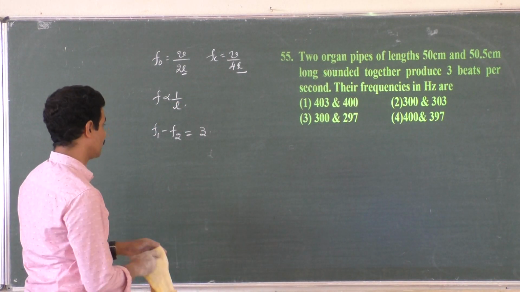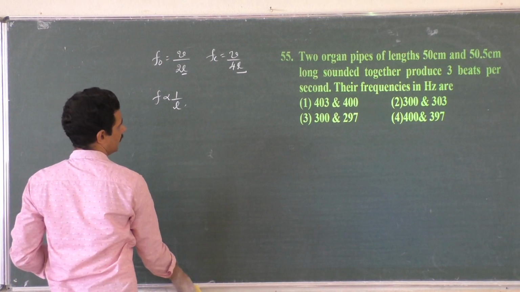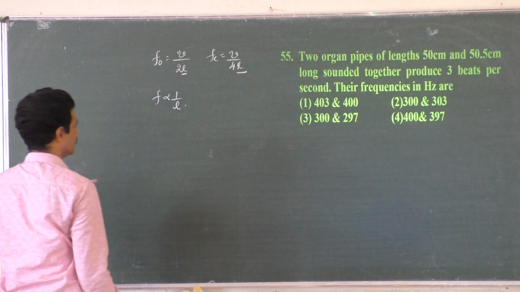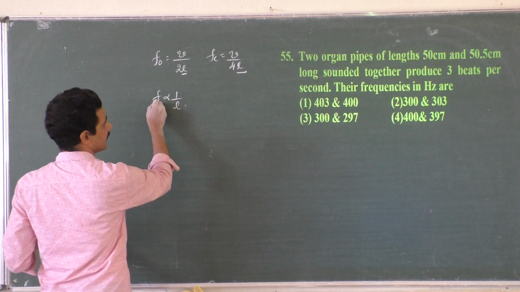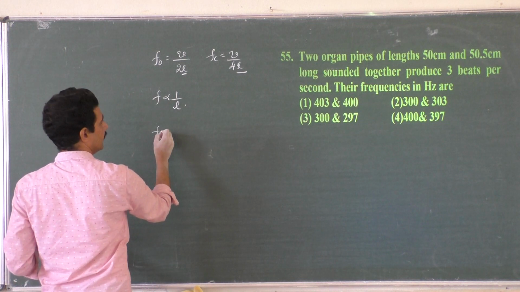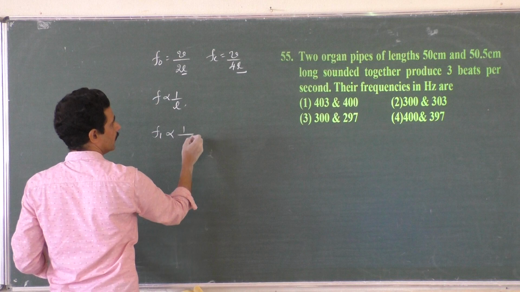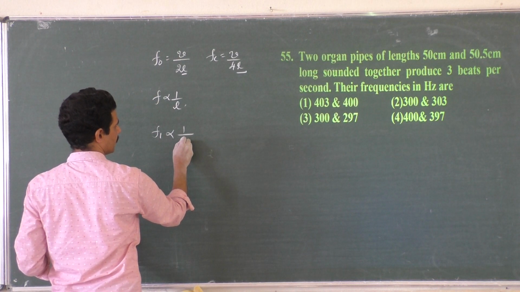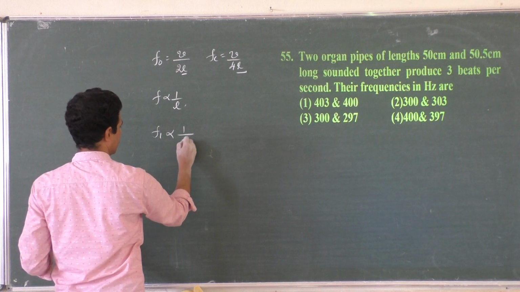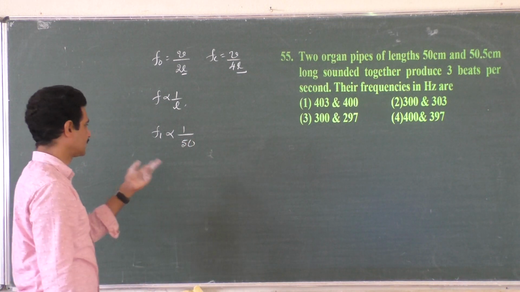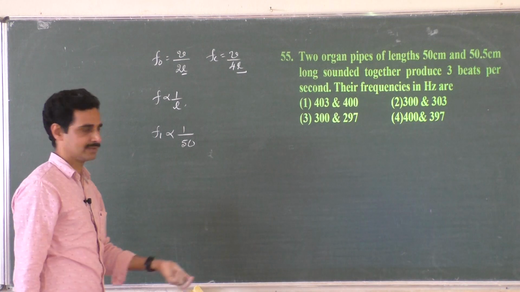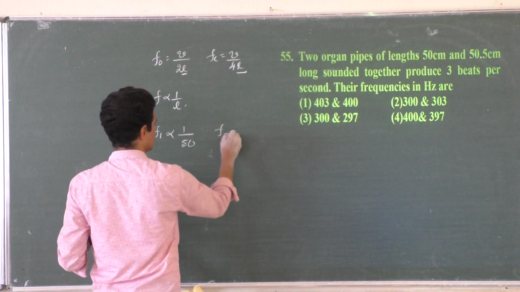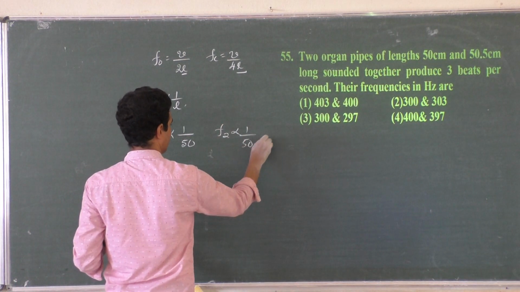So what can we solve here? By ratios only. How to solve it in ratios? F1 is inversely proportional to 50, 50 centimeter, I will write 50 only, because when I take the ratios, the centimeter conversion will cancel. F2 is inversely proportional to 50.5.